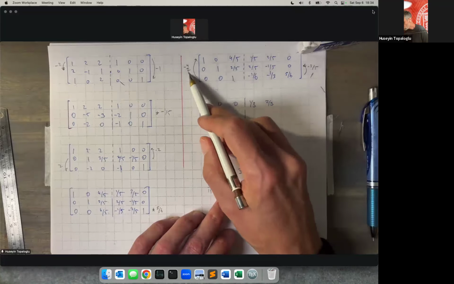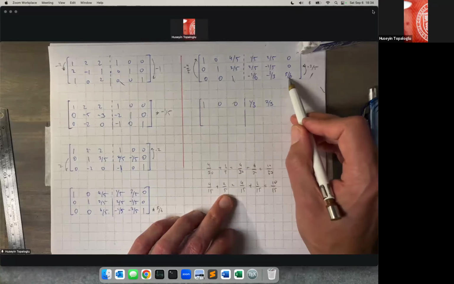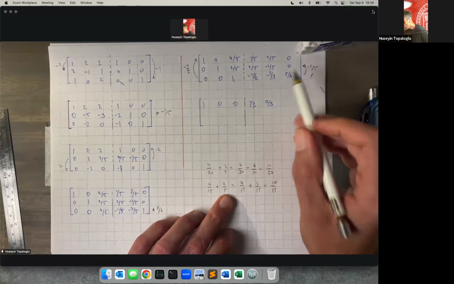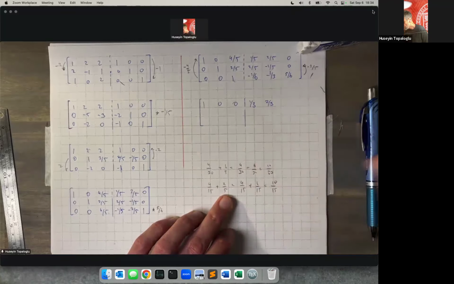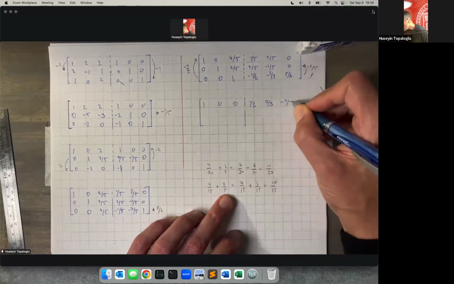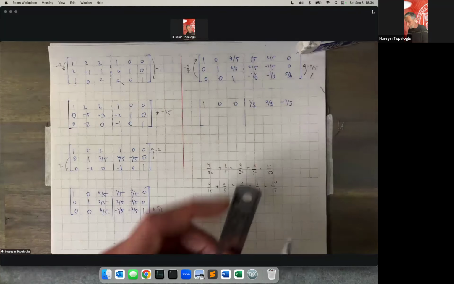Keep going. Minus 4 over 5 times 5 over 6, that is minus 4 over 6, which is equal to minus 2 over 3.